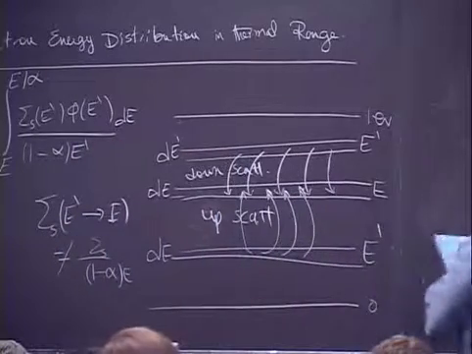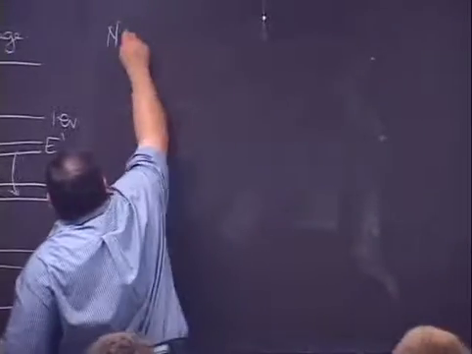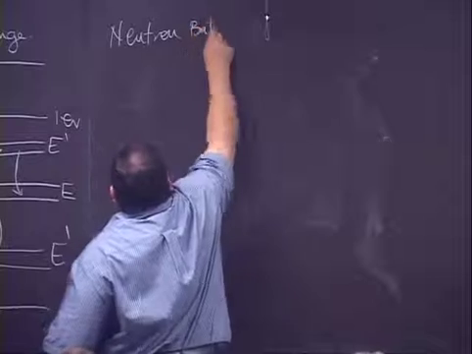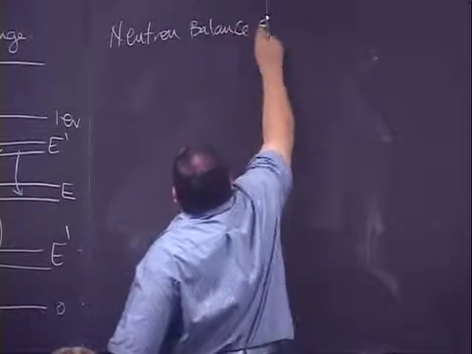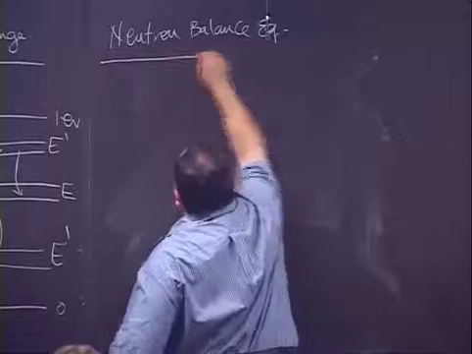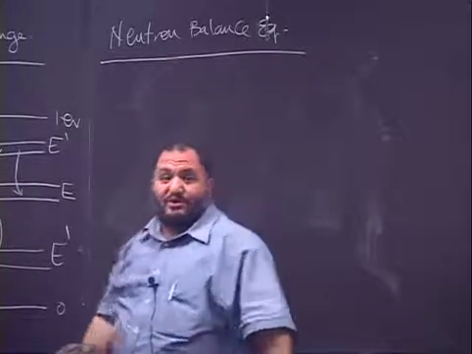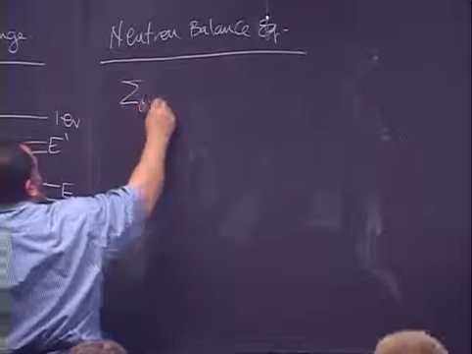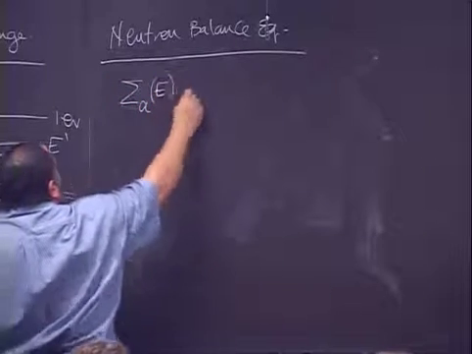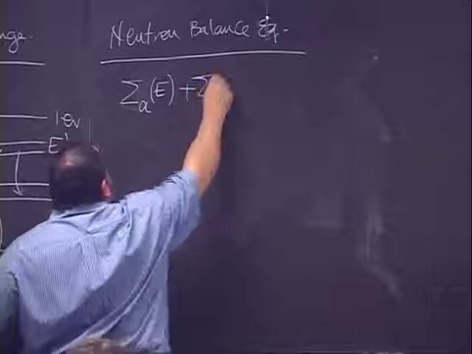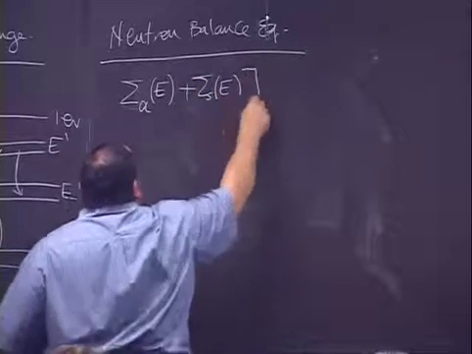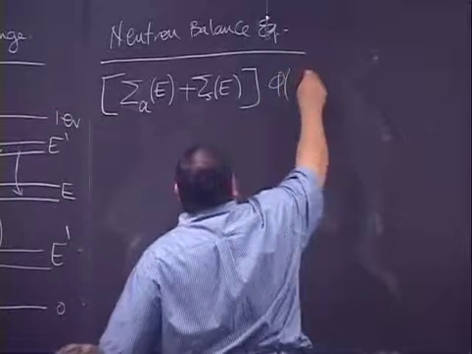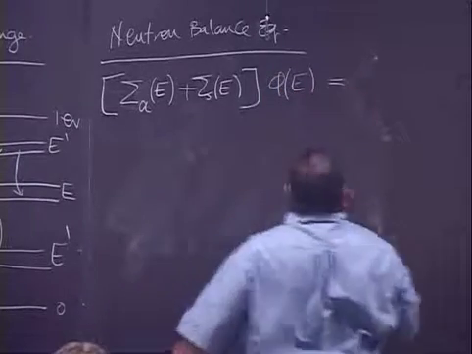So if you write the neutron balance equation, what will it be? The neutron balance equation will be just the absorption at the energy E plus the scattering at the energy E, multiplied by the flux at the energy E, will be equal to what?